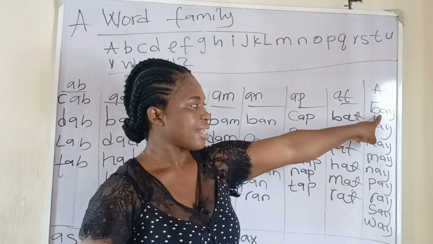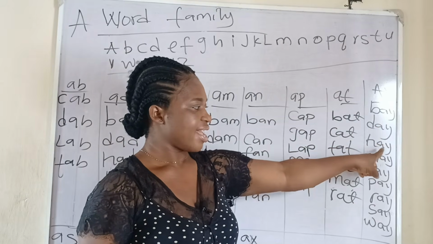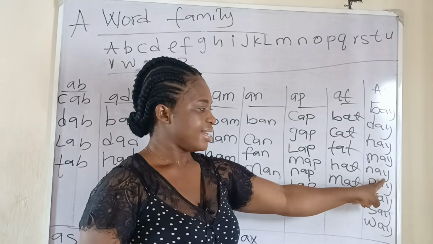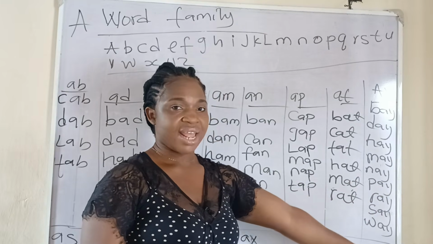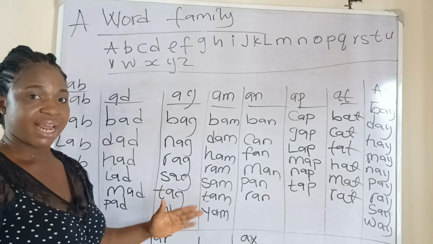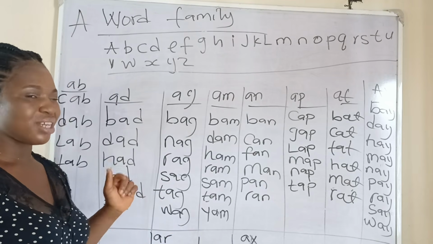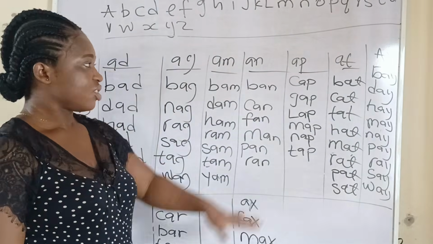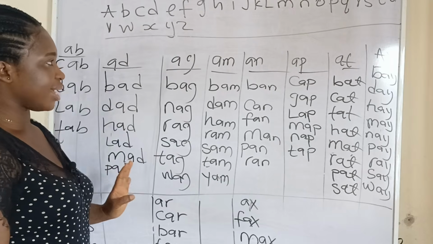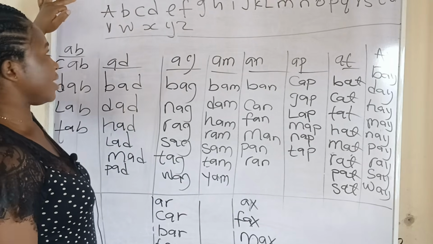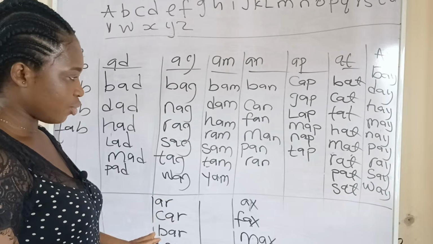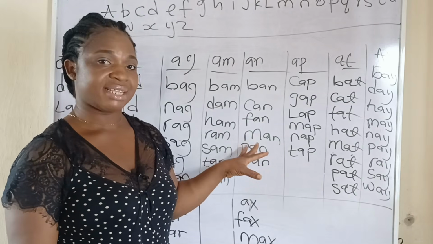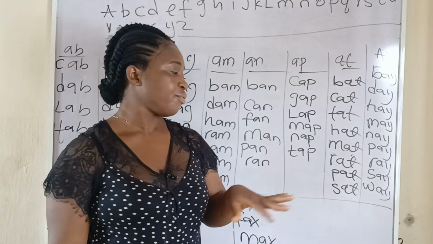And to this place, bay, day, hey, may, nay, pay, ray, say, way. You can see how it rhymes. So this will aid you to actually pronounce with ease. So these are the list of 3-letter words we can construct based on a word family. Make sure to write this down so that when we begin to construct sentences using them, it will be easy for you to pronounce.